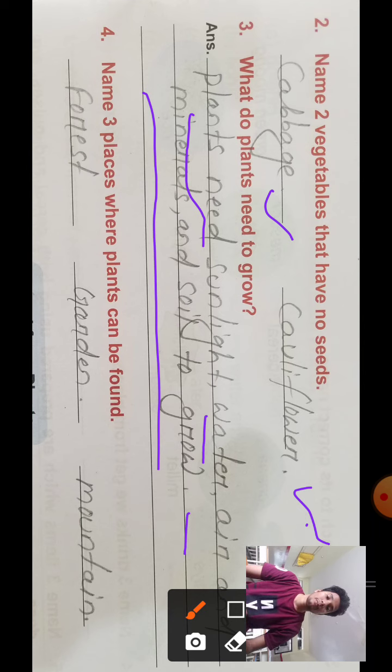So name the 3 places where plants can be found. You can write forest, garden, and mountain also. These are the 3 places where we can find different types of plants in huge amounts.